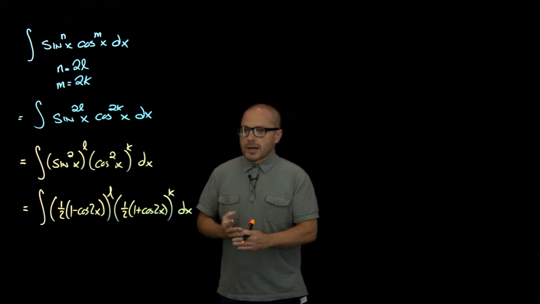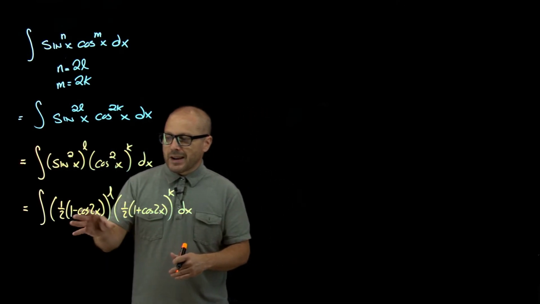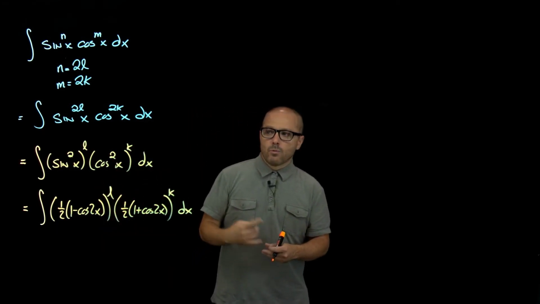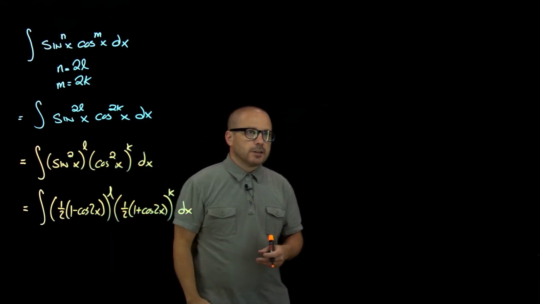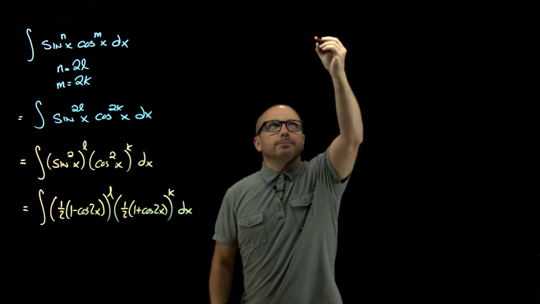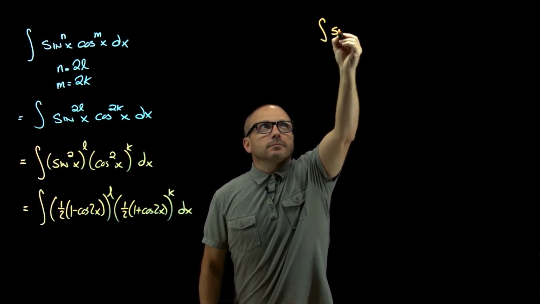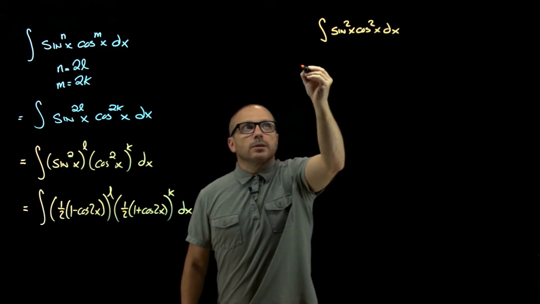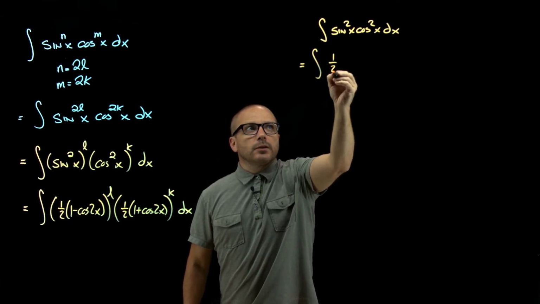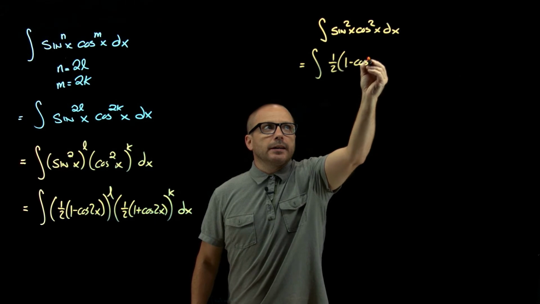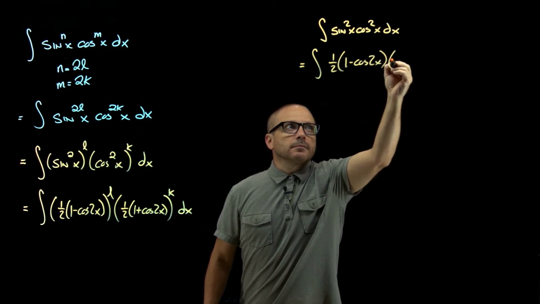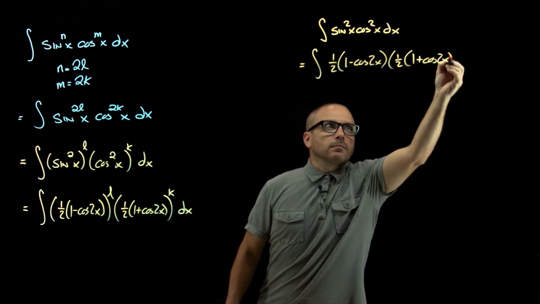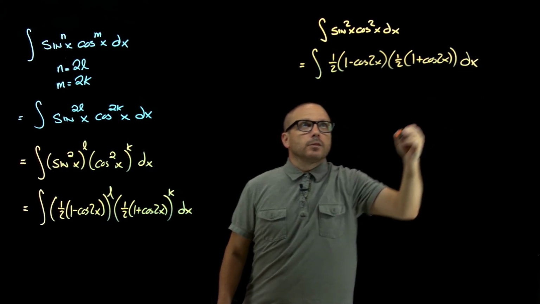So what I'd like to do is just run through real quick the simplest situation where L and K are both 1. So we're just integrating sine squared times cosine squared. So let's do that. So first step, introduce your identity for both of those.